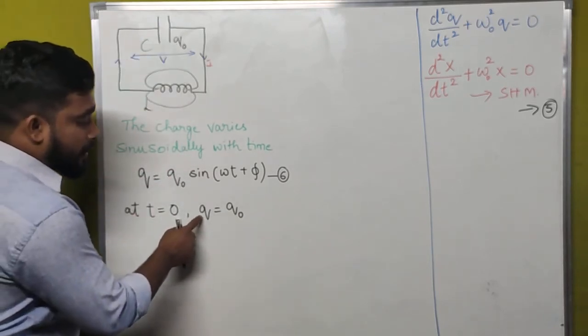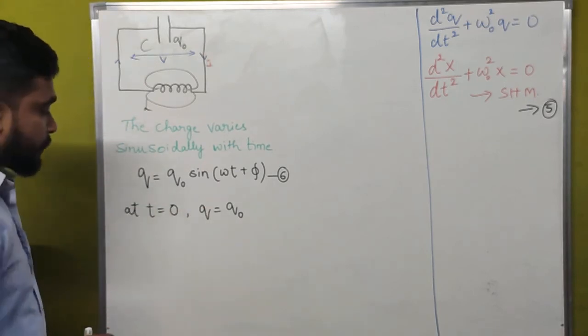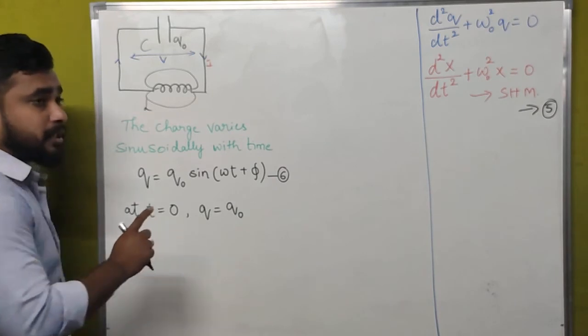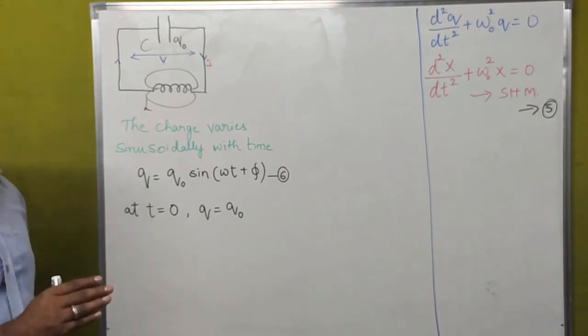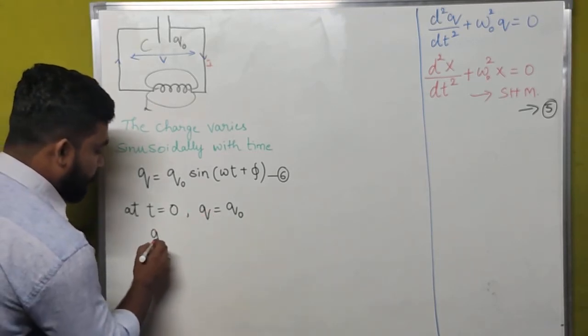For that, we can substitute the value of Q as Q naught here, only when time t is equal to 0, before conducting an experiment. Now what we can write is Q as Q naught.